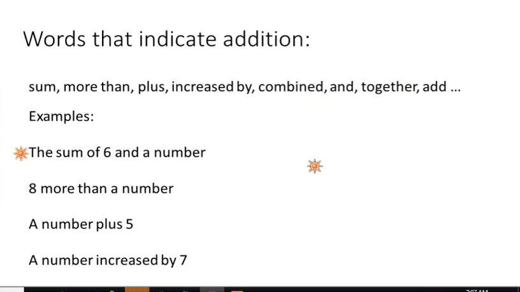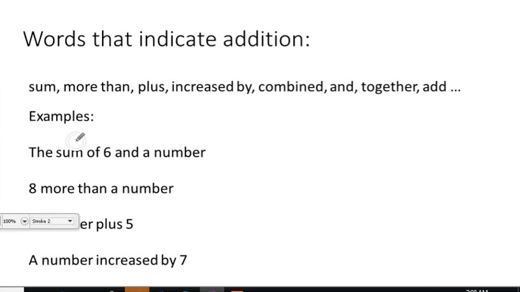So a verbal expression looks like this. The sum of 6 and a number. Okay, so what we want to do is we want to translate this. Instead of having it be words, we want to translate it into an expression that has numbers and variables. Remember, expressions do not have equal signs.